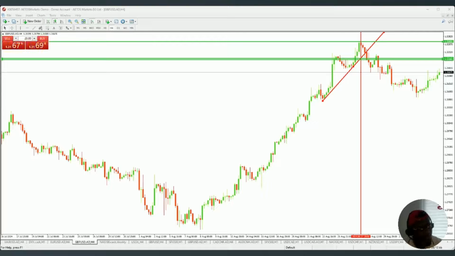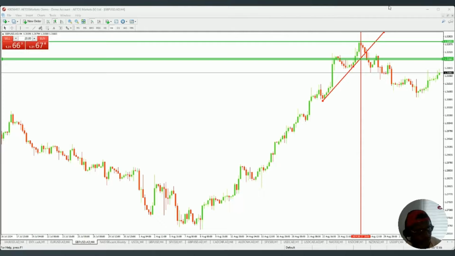Now the second calculation I'm going to do is the open price minus P1, which is going to be 1.32081 minus 0.00535.